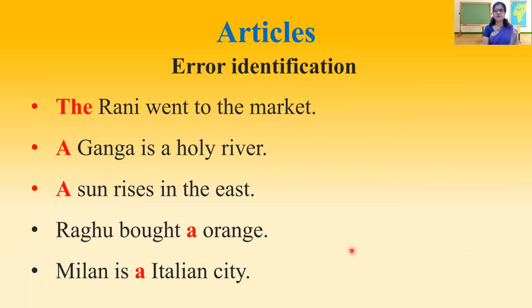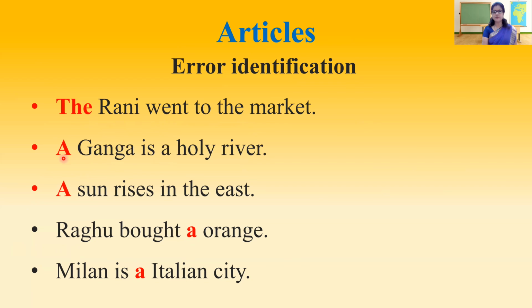So now error identification. So for example here, the Rani went to the market. So here the error is the must not be used in front of the nouns. A Ganga is a holy river.